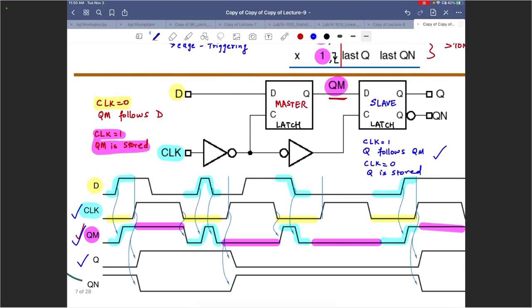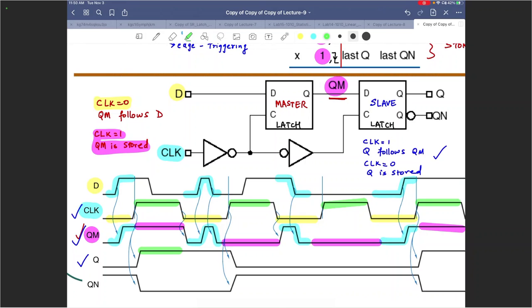So let us try to see here. What can I do? Clock is 1. So where is clock 1? Maybe I need a different color. I will use green for clock 1. Clock is 1 here, here, here, and here. So for all those times, output follows QM. QM was high over there, so it is high over here.